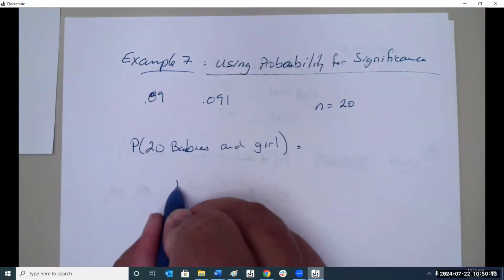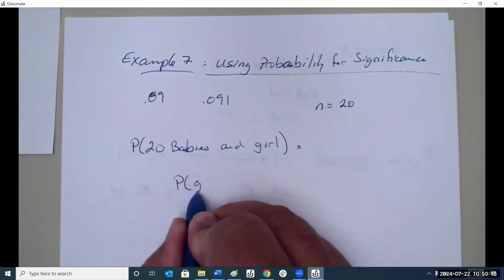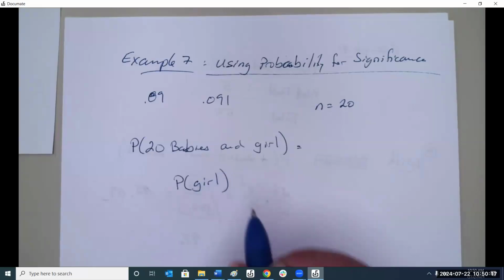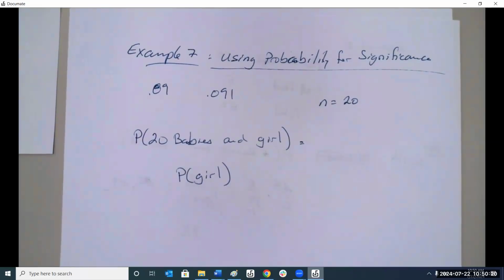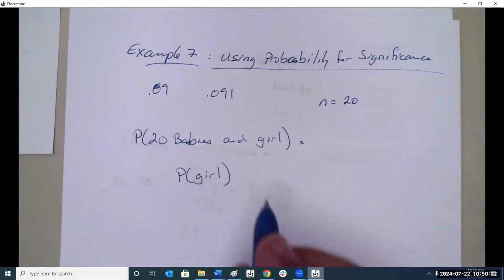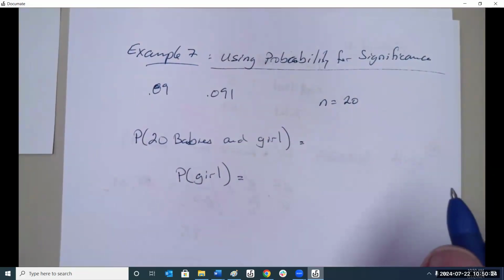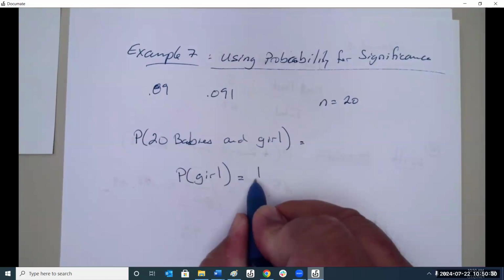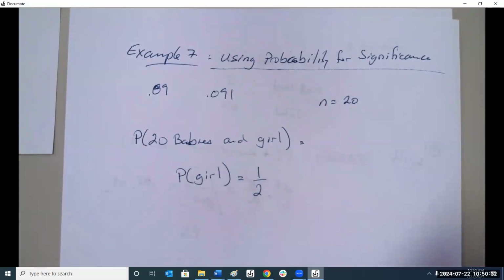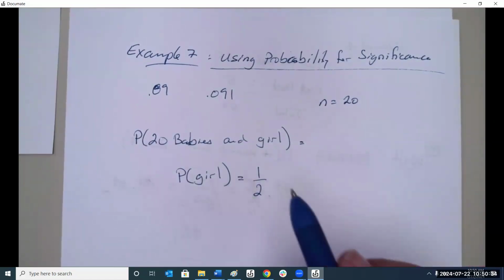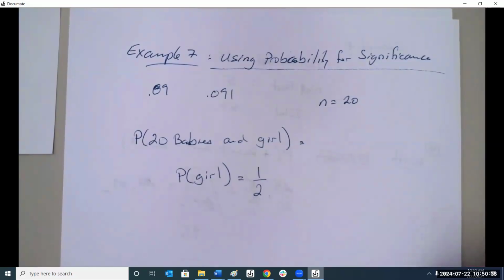So what we're looking for is, what's the probability of getting a girl as a birth? What are your chances? 1/2 of getting a girl. If the baby's born and it's a girl, you get a 1/2 chance.